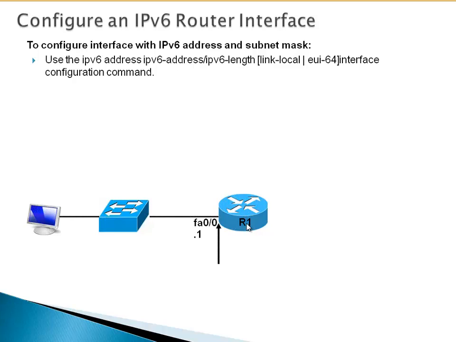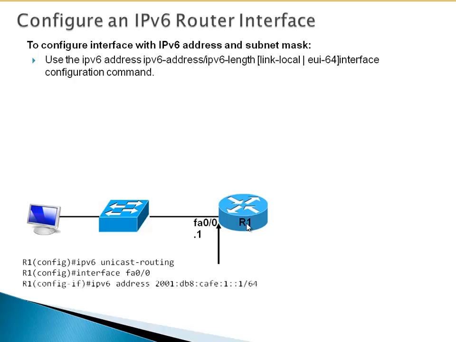So in our network, we go to the router first, then to the global configuration mode, and we enable ipv6 unicast-routing, because by default IPv6 unicast routing is not enabled. Then we go to interface FA0/0, access the specific interface, and give it an IPv6 address like 2001:db8:cafe:1::1/64. That's a valid IPv6 address.